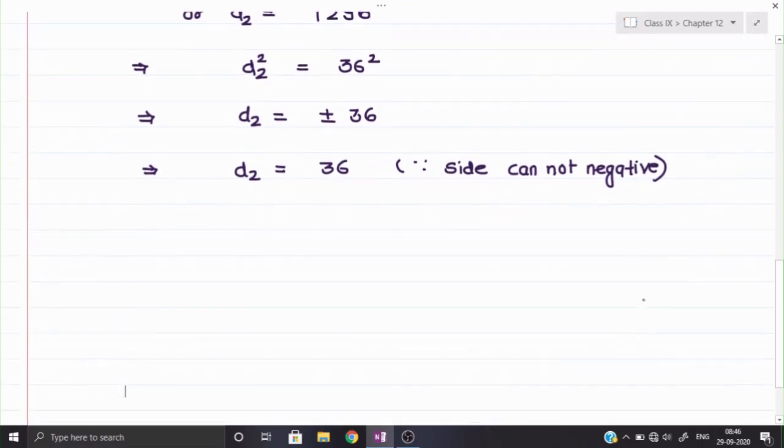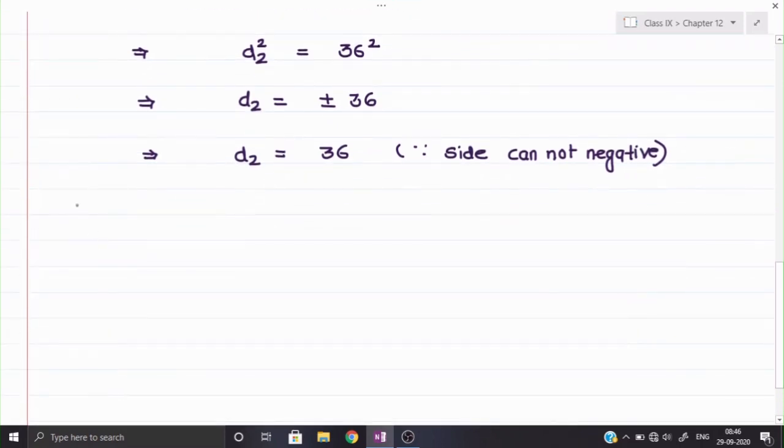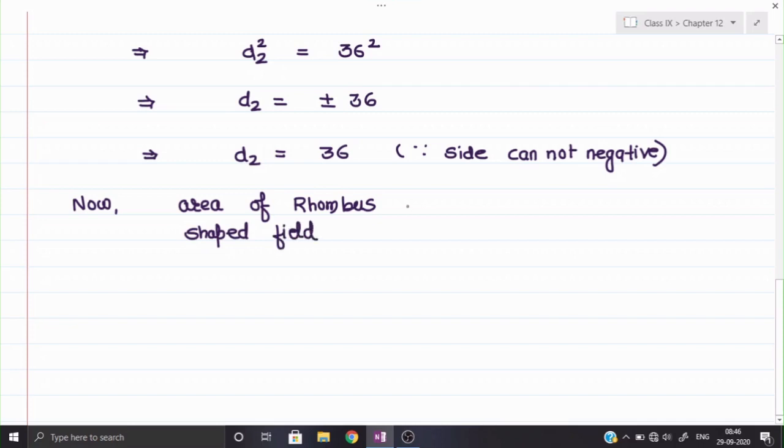Now we shall find out the area of the rhombus. So we shall write down further. Now the area of the rhombus shaped field will be equal to 1 upon 2 into d1 into d2.